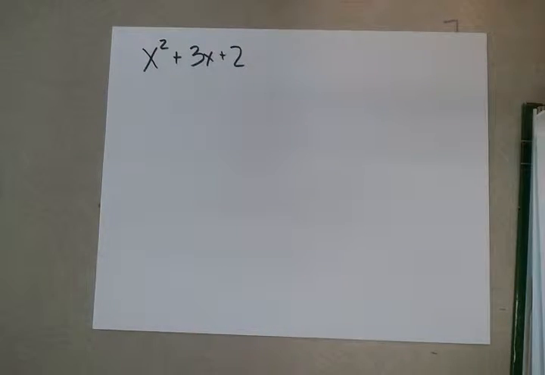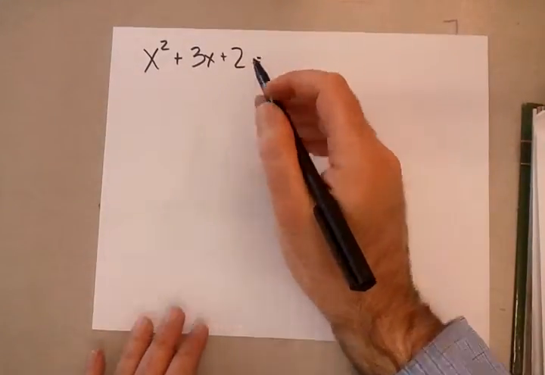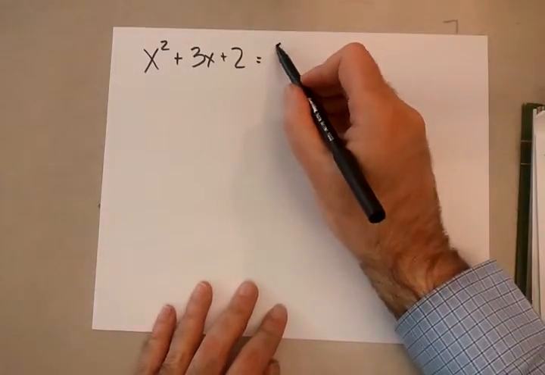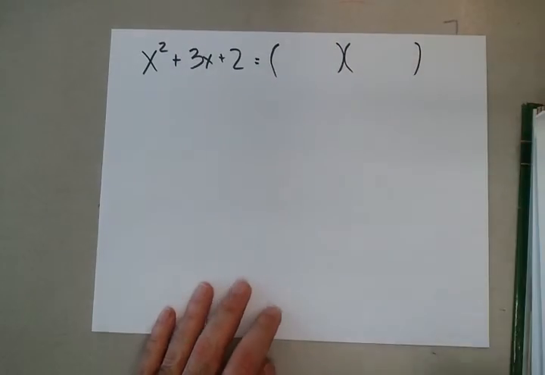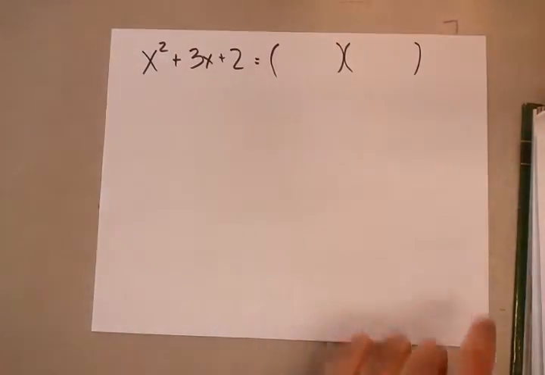So, what if I asked you to factor this particular problem? Since this format looks like an answer to a binomial multiplication problem, more than likely you started off with a parenthesis times parenthesis multiplication, a binomial here and a binomial here, and when you multiplied those two binomials you got that trinomial.